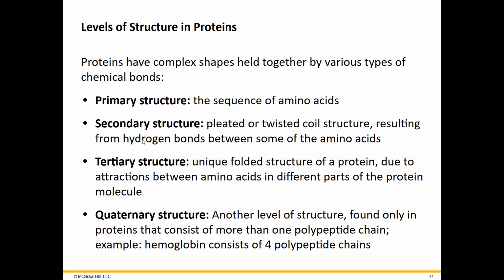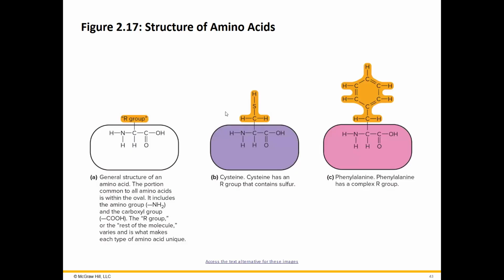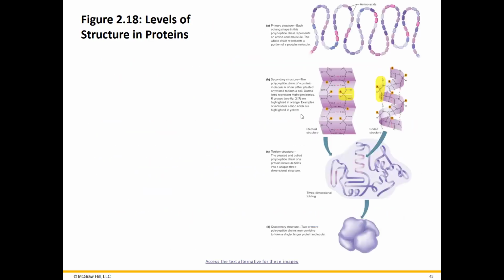Your tertiary structure is a unique fold of the protein due not to the hydrogen bonding, but now the bonding between the amino acids. This bonding relationship is now creating more complex folds. So now you've got all this crazy stuff happening.